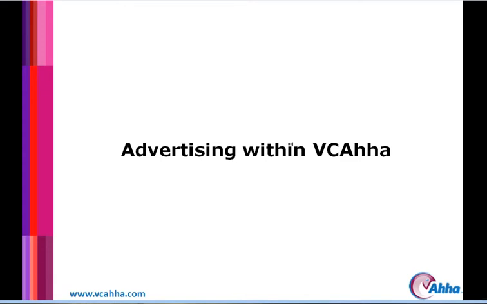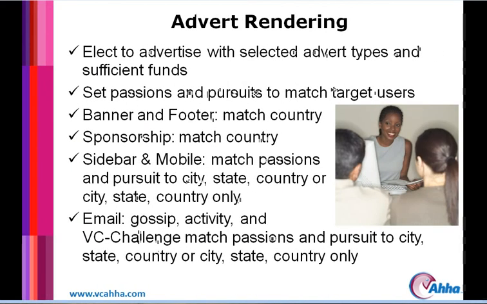Before the break, we were talking about some aspects of advertising, and I'm seeking to carry on with that conversation here. Remember, before the break, we talked about a business electing to advertise on the platform. They elect which types of adverts they want to place.